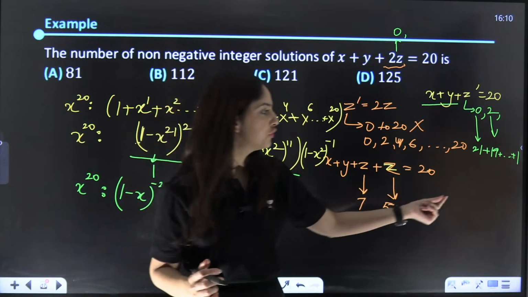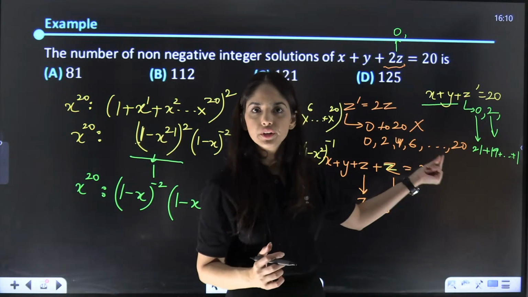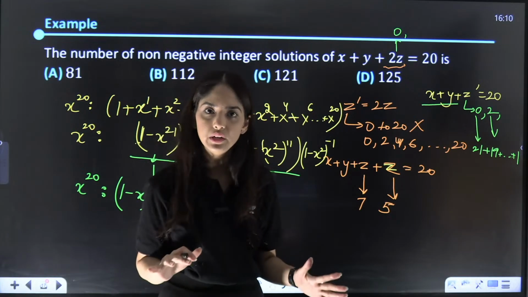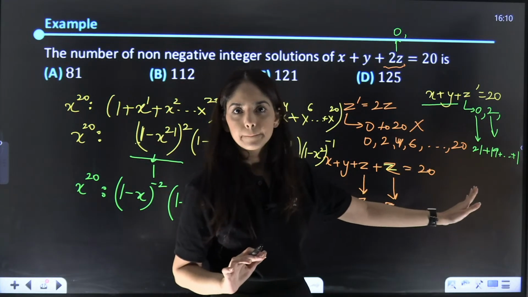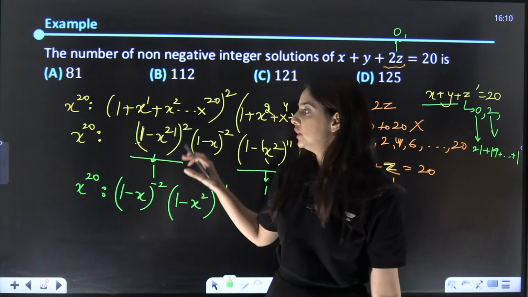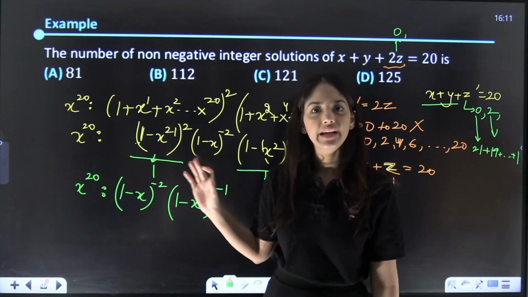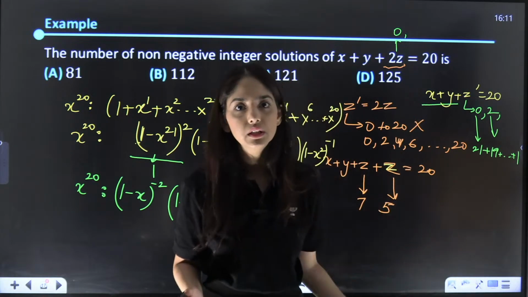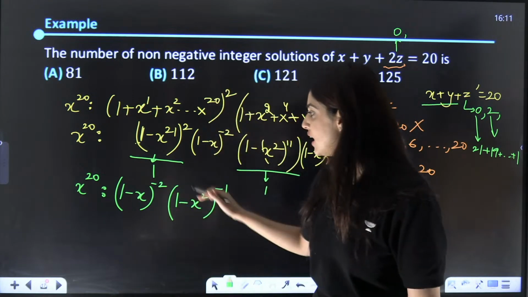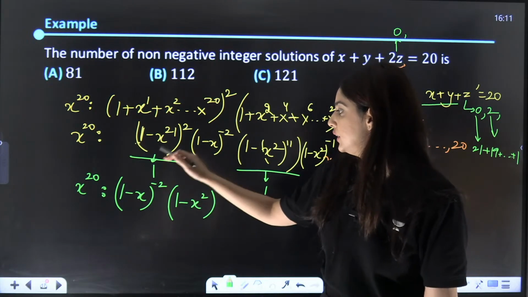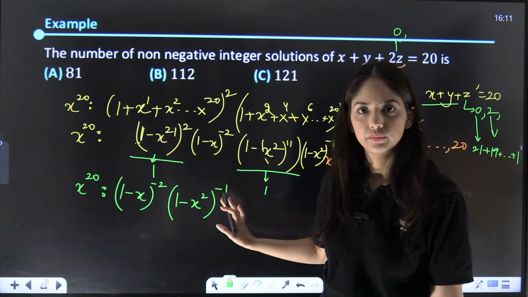The sum of first 11 odd numbers, that is 11 square, that is 121. That is absolutely correct. But it's important to learn this method so that you can apply it in any scenario. You don't have to count all the possible cases. So now we have to just find the coefficient of x raised to power 20 in this expression, right?